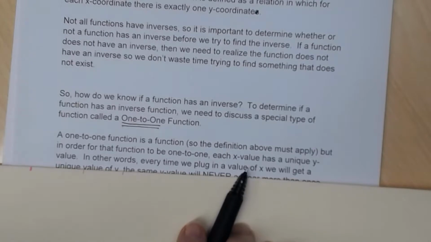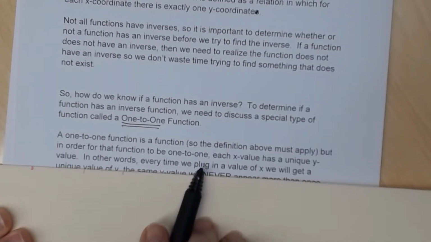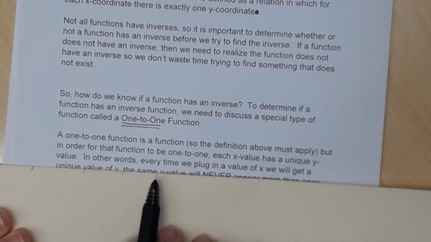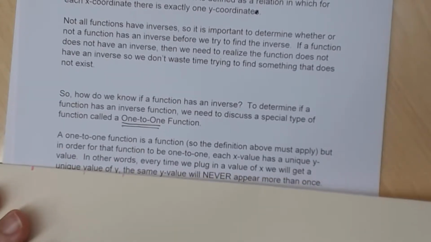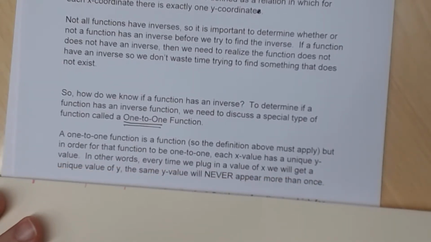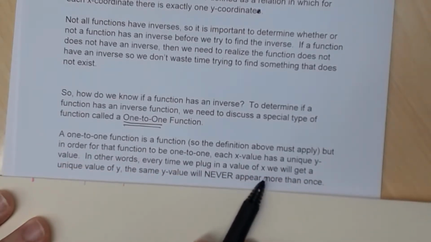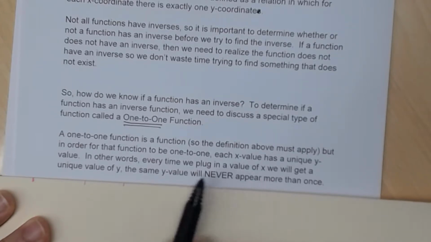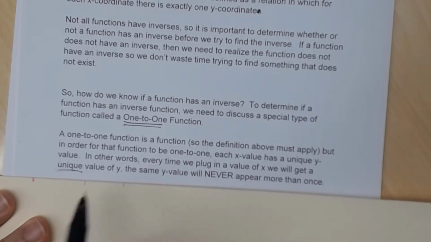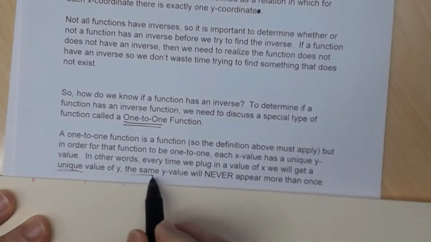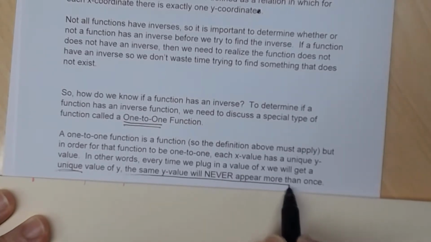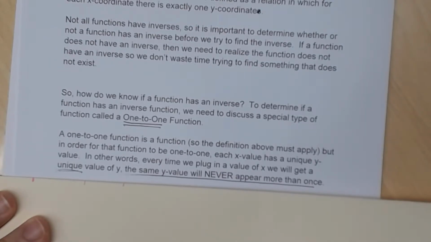Hence the word unique. In other words, every time we plug in a value of x, we will get a unique value of y. In other words, the same y value will never appear more than once.